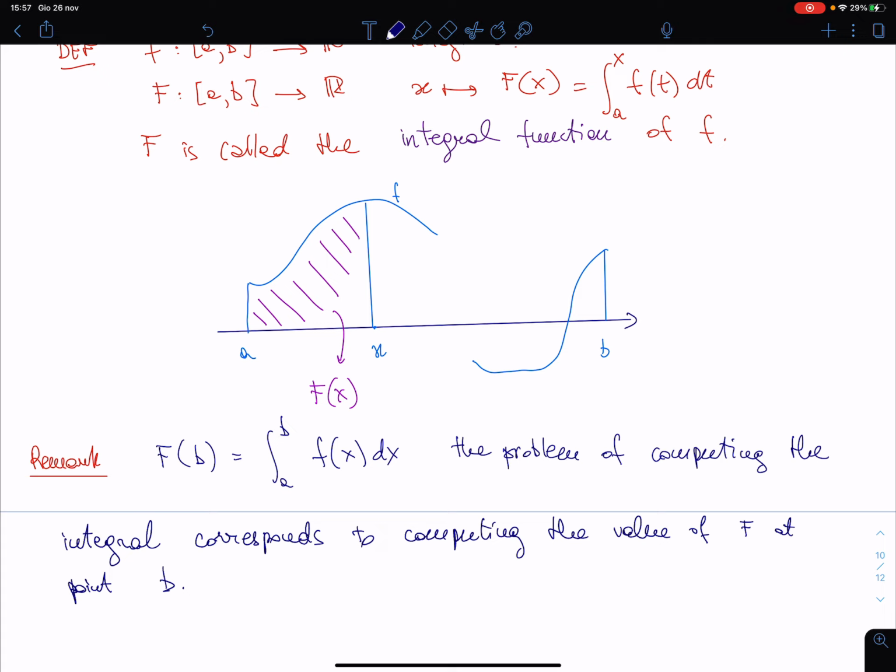Okay? This is the remark. This is just a question of language, nothing changes. Okay, but now what we are interested in is computing F of b, or knowing the function capital F.